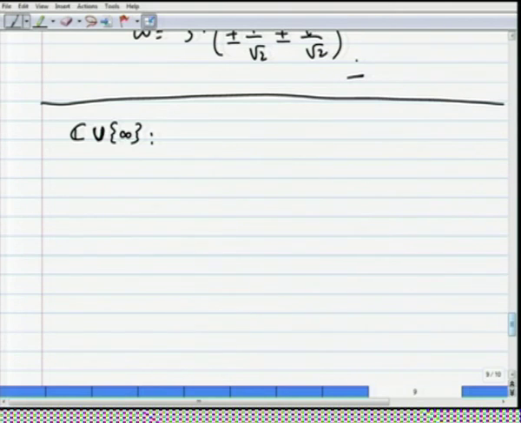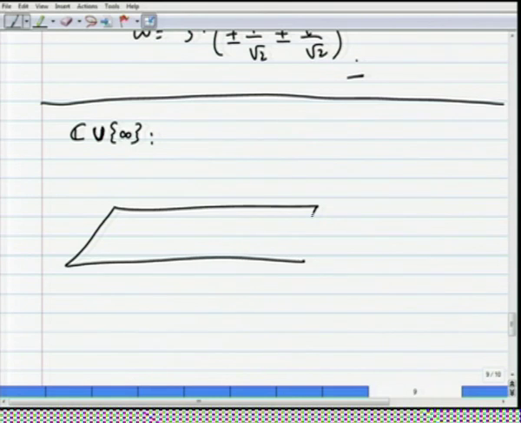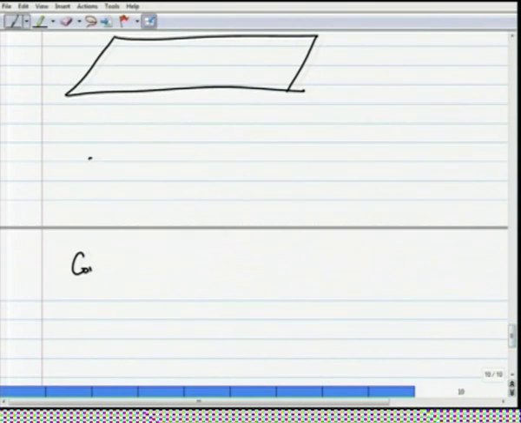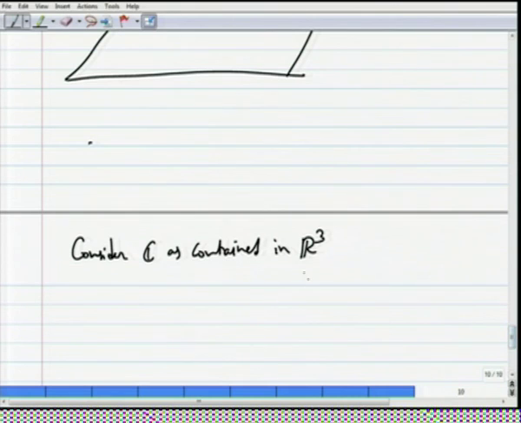picture. So what we are going to do is consider the complex plane as contained in R 3, triples of real numbers.